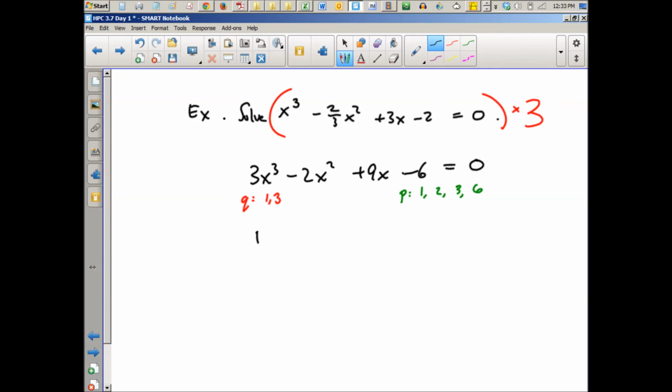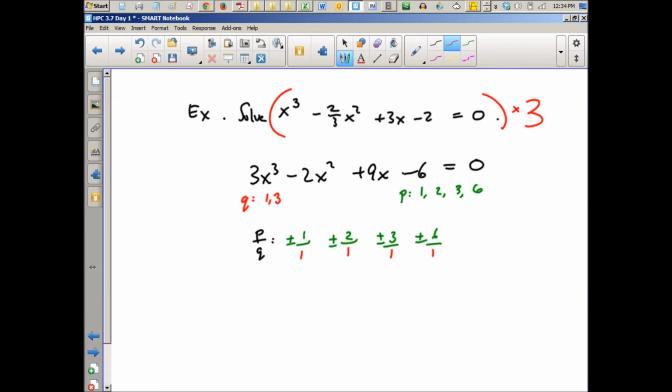So if you're going to make a list of possible rational roots, you're going to basically have plus or minus 1 over 1, right? And then we have plus or minus 2 over 1, and plus or minus 3 over 1, and plus or minus 6 over 1.